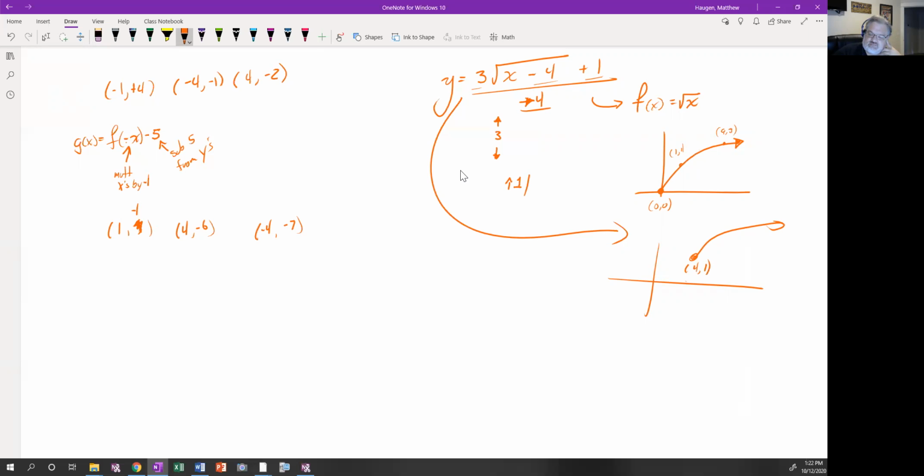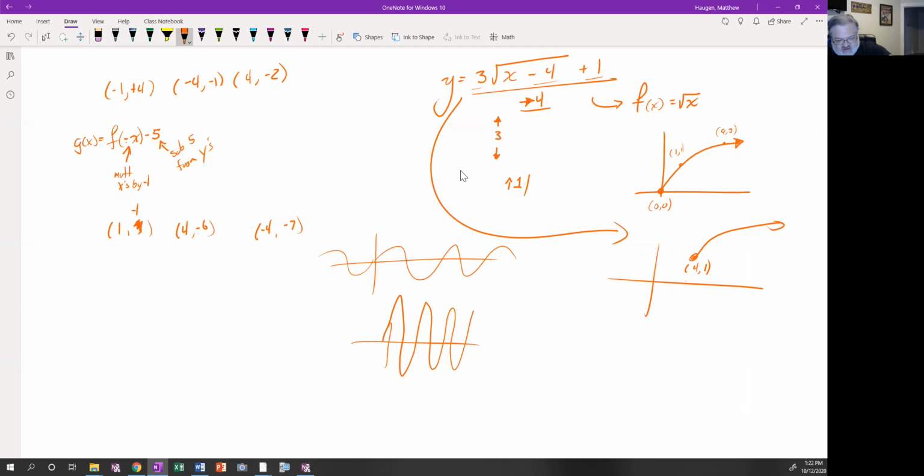Cool. And this is really helpful when you start dealing with more and more weird transformations of functions, particularly those of you going into trig, when you start dealing with the sinusoidal functions. You've got to take that sinusoidal function and modify it so it starts at a particular place, has a particular amplitude, has a particular frequency, and you've got to get the curve to do what you want it to do.